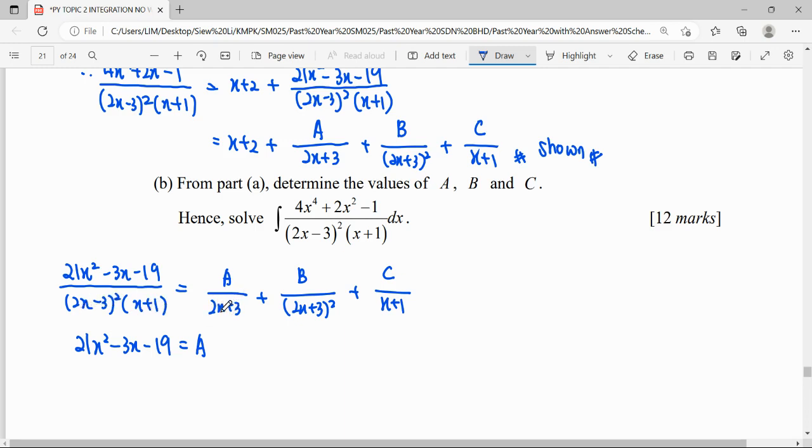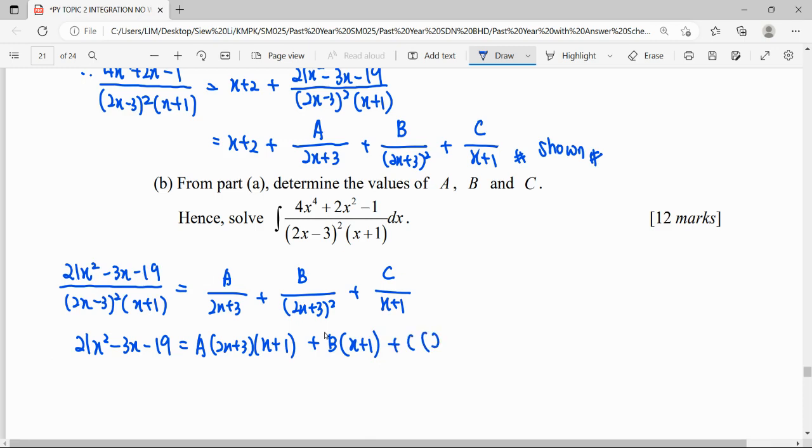So for here, A will multiply by one more factor, 2x plus 3, and the other factor that you don't have, x plus 1. Meanwhile for B, you can refer here, the denominator already has 2x plus 3 squared, so the factor you don't have, you multiply by 1, so that it can equal back to the complete numerator here.